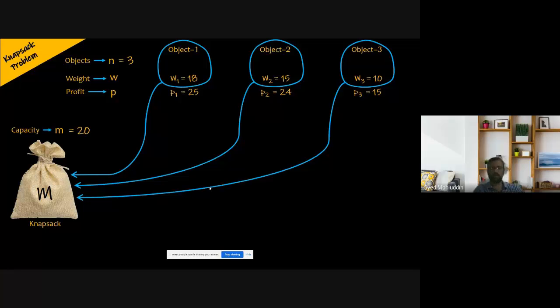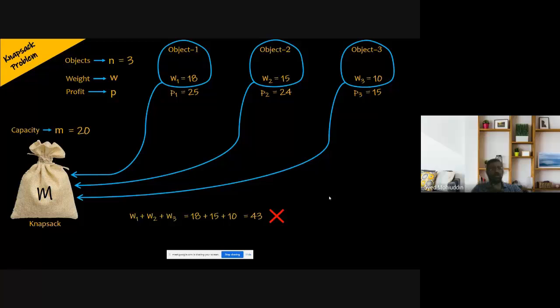Object 1 has weight 18, object 2 has weight 15, object 3 has weight 10. So W1 plus W2 plus W3, the weight of all these things together if we fill them inside the knapsack, will be 43, which is much larger than the capacity of the knapsack, which is 20 kgs.